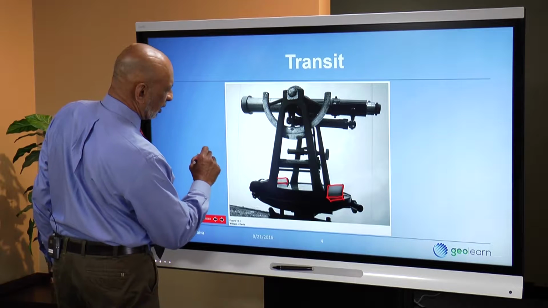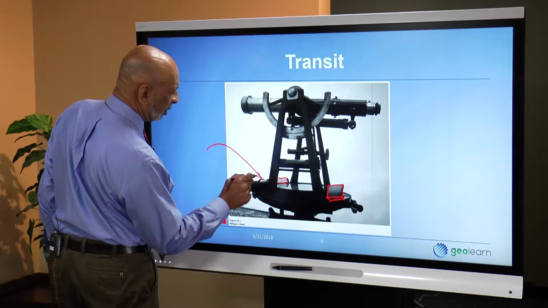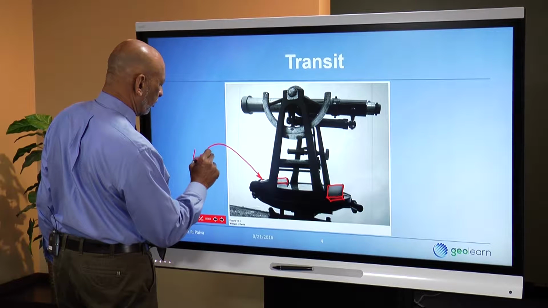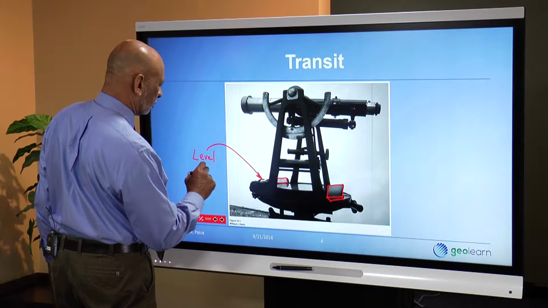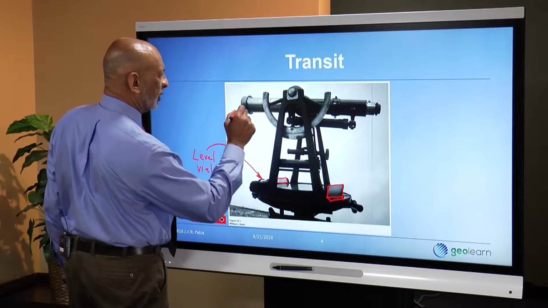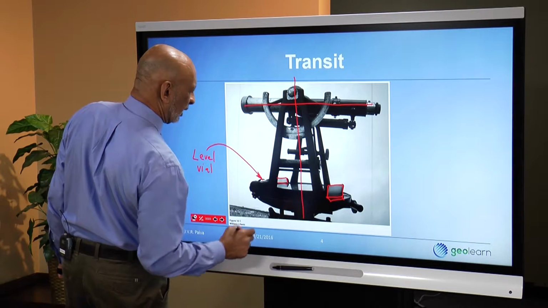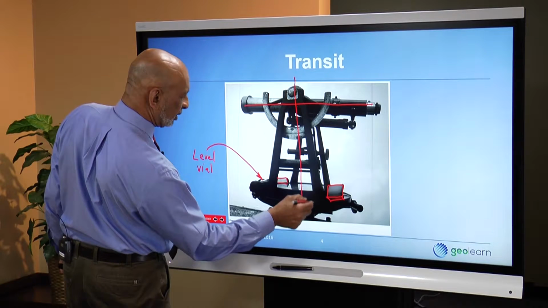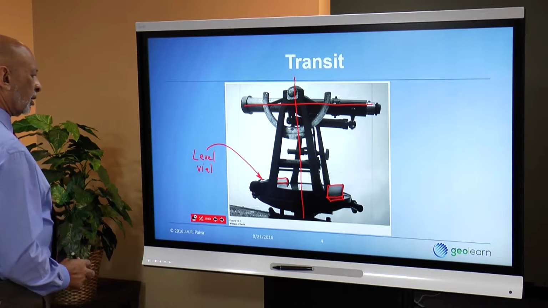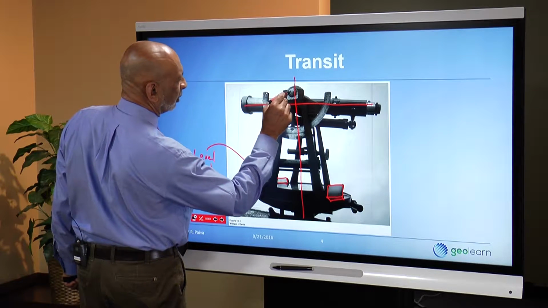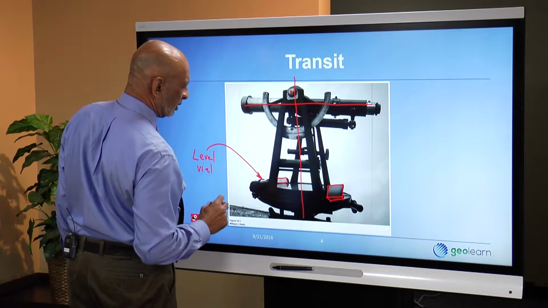It's hard to see in the lighting of this photograph, but here is your level vial. Of course, here's your telescope axis here. You can imagine a vertical axis because there is a bearing in the center around which the instrument rotates. This would be the center of the horizontal axis here.